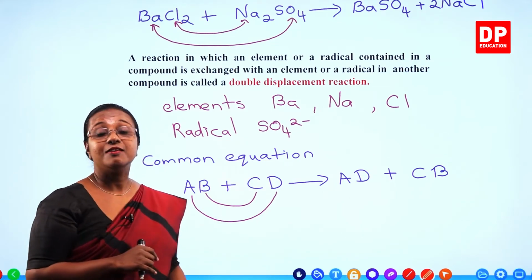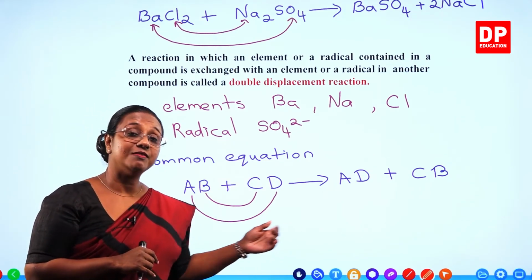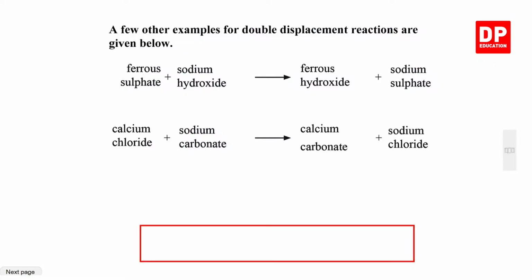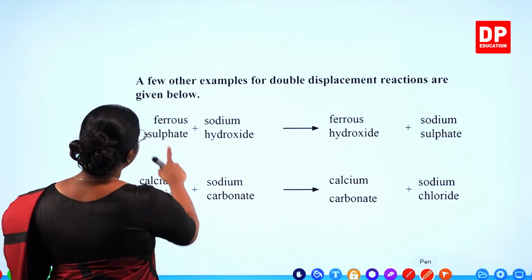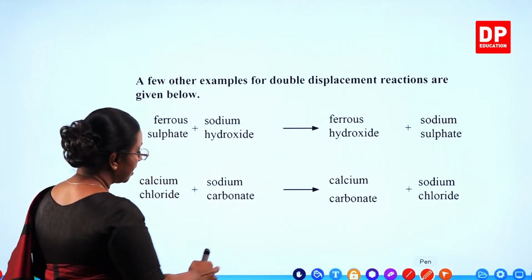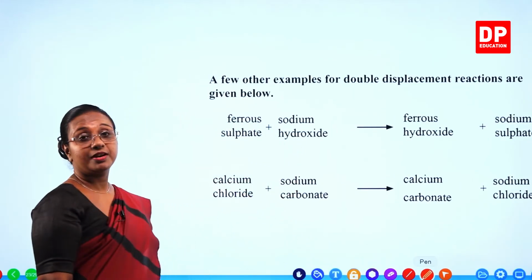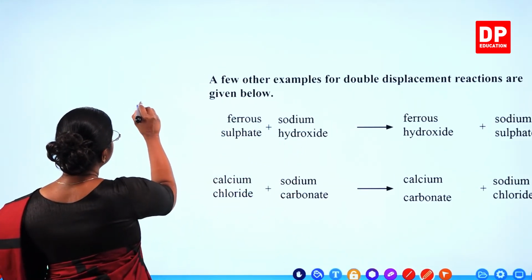So with that, I will move on to the next slide where we will look at some more examples. A few other examples for double displacement reactions. Ferrous sulfate. Now when we say ferrous, you are familiar with these Latin terms for different elements.